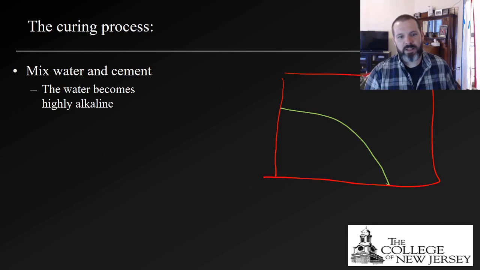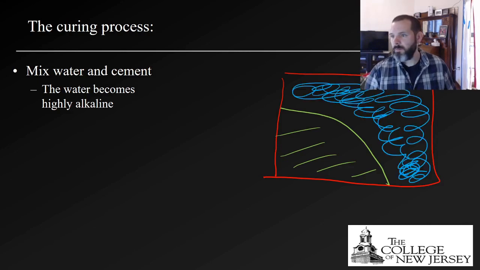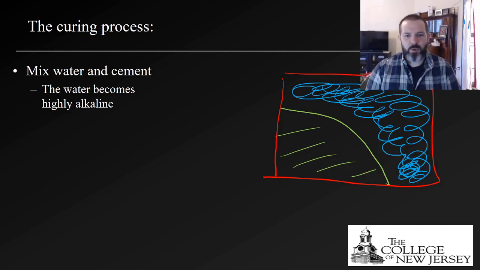We'll have Portland cement and we'll have some water. Now, what happens is the Portland cement and the water begin to combine at the interface.